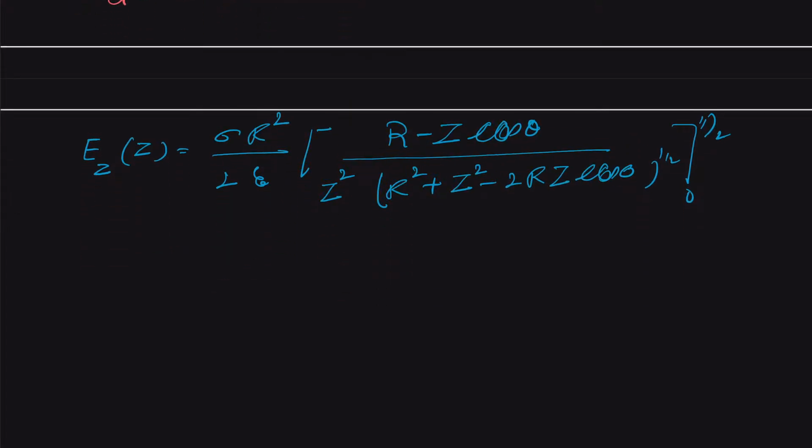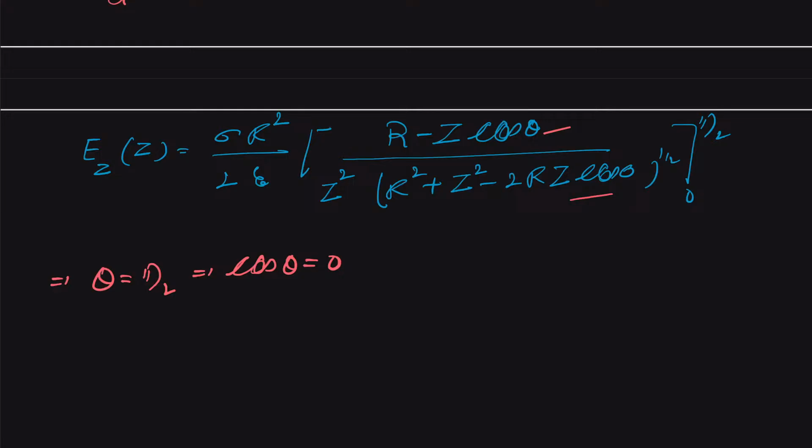So we can say that theta is equal to pi by 2, so cos of theta will be equal to 0. It means this term will be equal to 0, and this term will also be equal to 0.